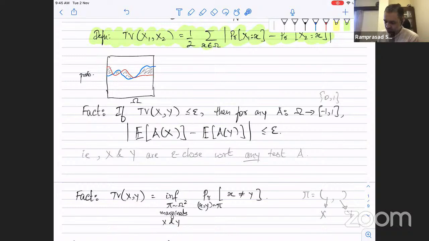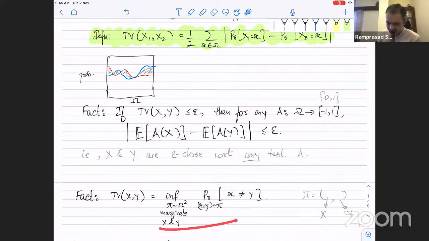And you ask, okay, there are many possible such joint distributions you could have constructed where the first coordinate alone looks like x, the second coordinate alone looks like y, but maybe there are some correlations between the two coordinates. Okay, what is the smallest you can make the probability of the first coordinate not equal to the second coordinate?